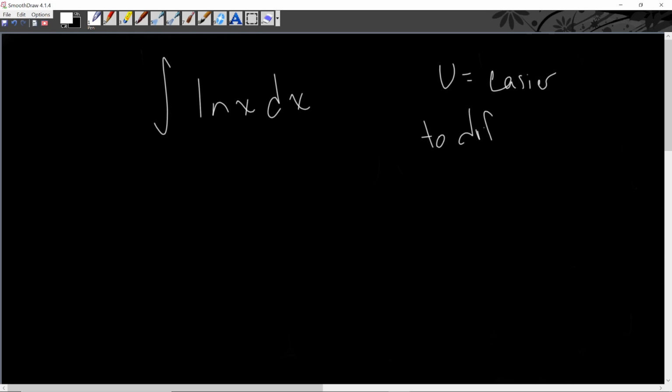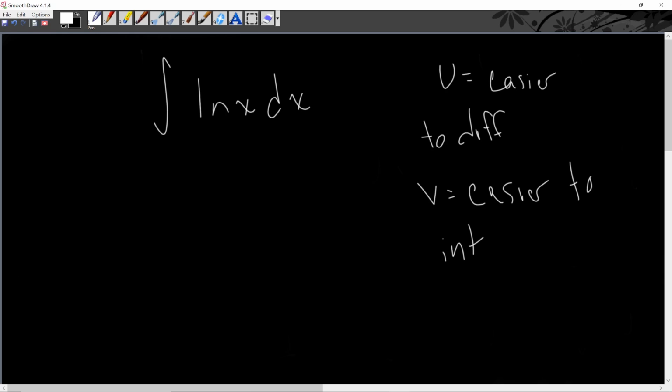First one that we're going to have to do, I think I might have actually done this example, but it does not hurt to redo it, is ln x dx. As a general rule, you want u to be easier to differentiate, and then v is going to be easier to integrate.